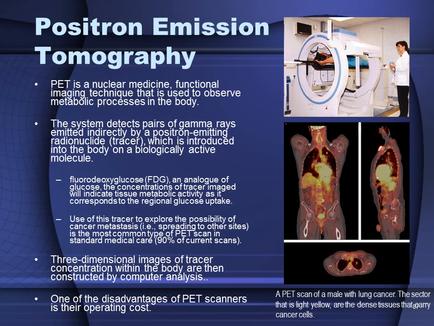Also the liver with metastases, and some of the tracer being excreted in the urinary bladder. This is the coronal view. Here in the sagittal view on the right, we can see a very large lung tumor, and we see some tumors at a different level in the lung in the axial view.